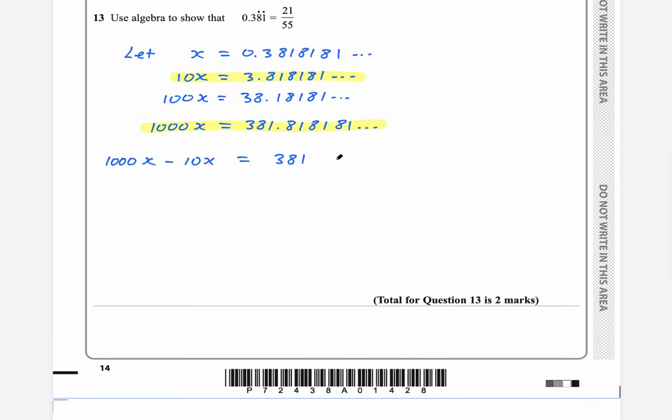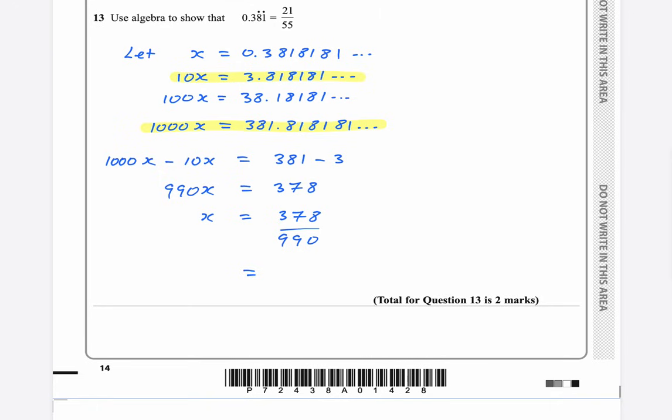So you're just left with 381 minus 3, or 378. This minus this is 990, so it's 990x equals 378. x is therefore equal to 378 over 990.